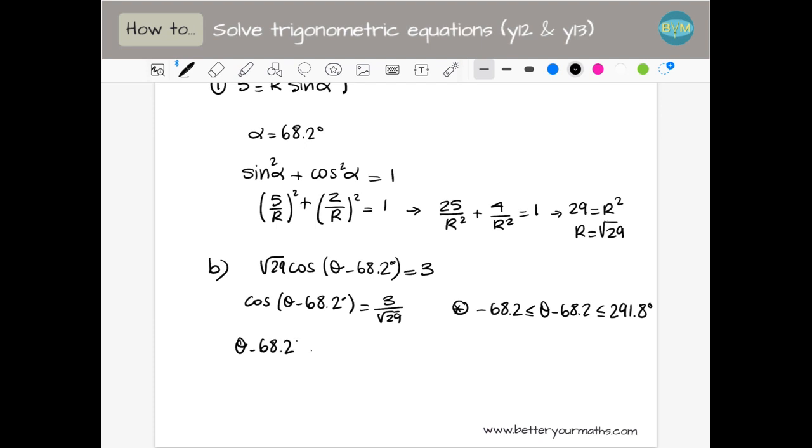The answer for this one is 56.1 degrees and minus 56.1 degrees. Yeah, this is in my interval. So the ones that are in my interval are these two solutions. And when I do theta, I add the 68.2 to find theta.